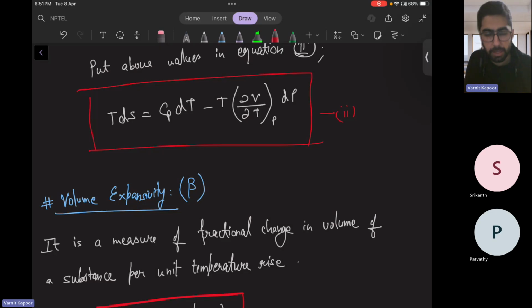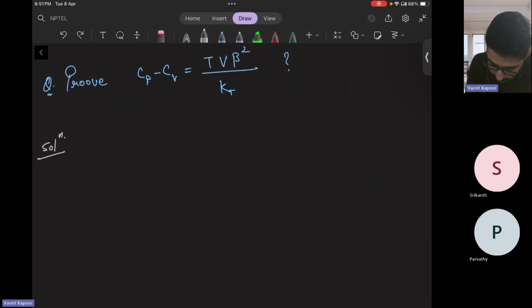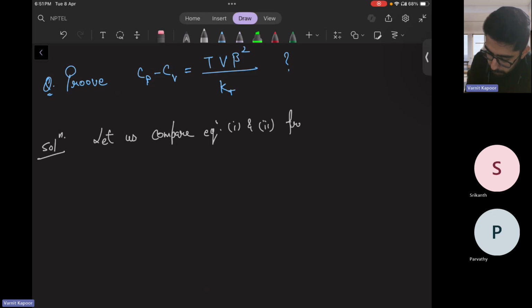Let us compare equation 1 and 2 from above, because both are TdS.